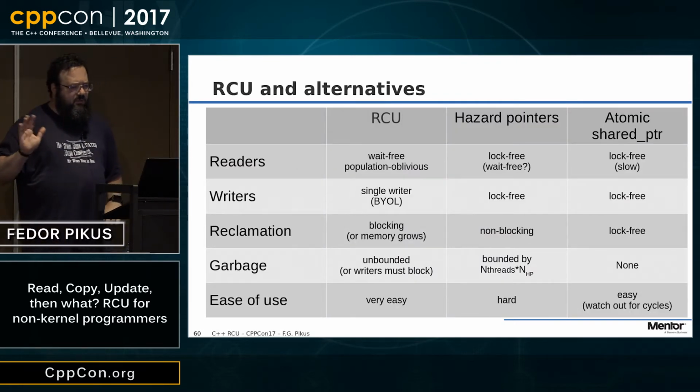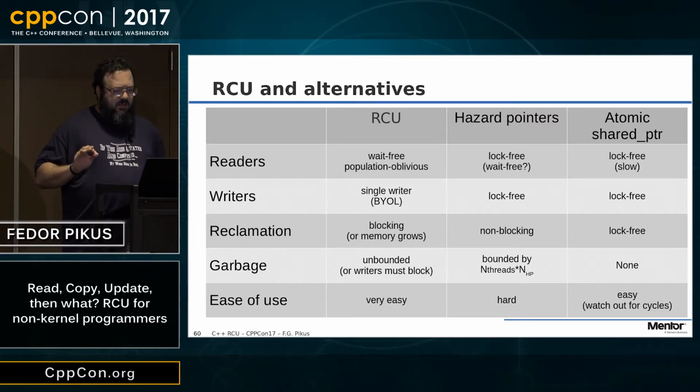Just by way of comparing with some other popular mechanisms, hazard pointers do something very similar to RCU. They have different features in regard to how much garbage is sitting unreclaimed. Their biggest problem isn't really that. Their biggest problem is that they're hard to use. Not hard to write; a hazard pointer class isn't that hard to write and somebody has already done it for you. They're hard to deploy in your algorithm, whereas RCU is pretty easy.